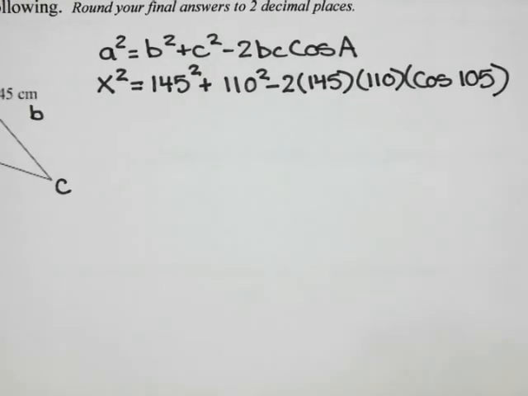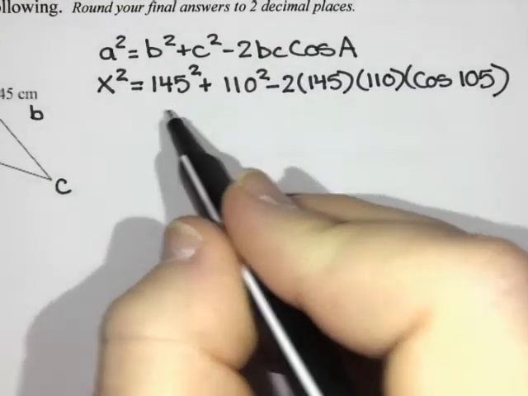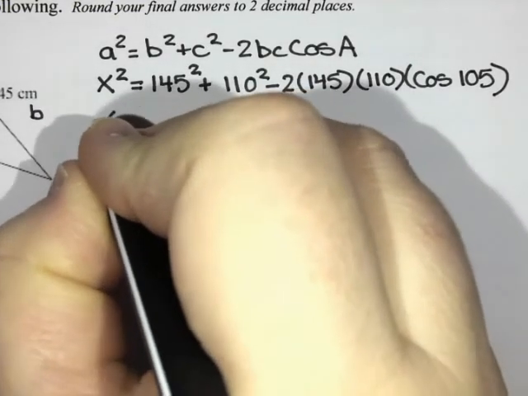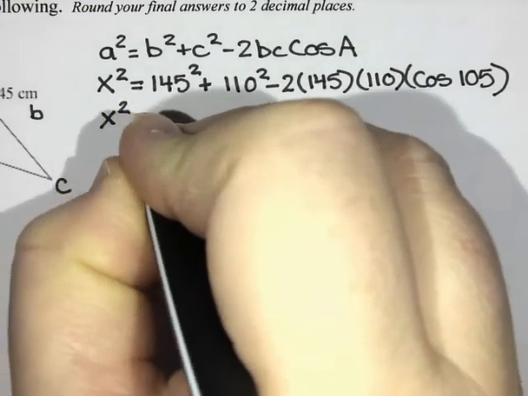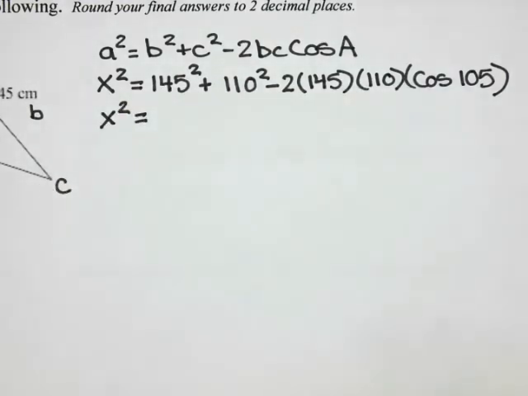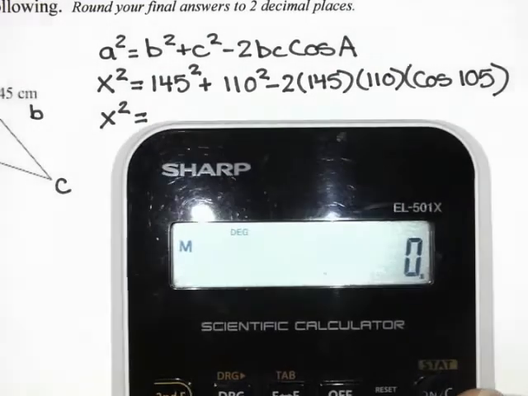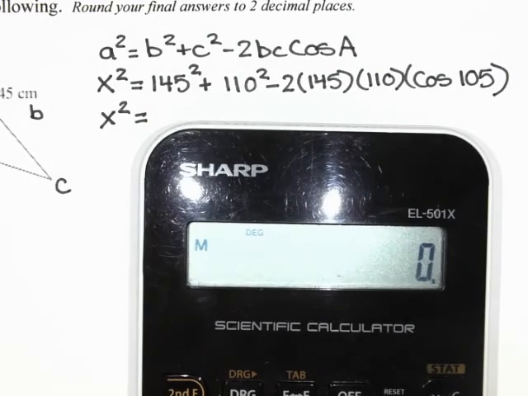Okay, so I notice that I have the variable on the left-hand side and then a whole lot of numbers on the right. So I am going to use my calculator to calculate all of this stuff all together. The trick here is do not hit equals until you get to the very end.